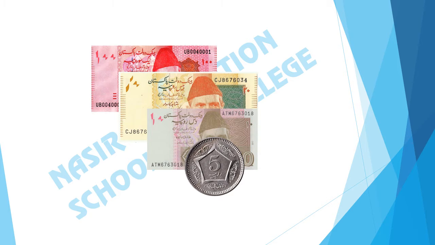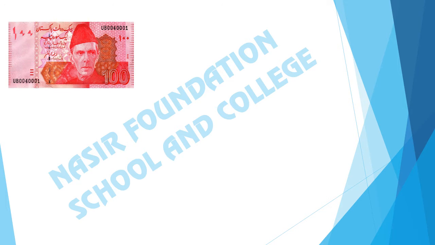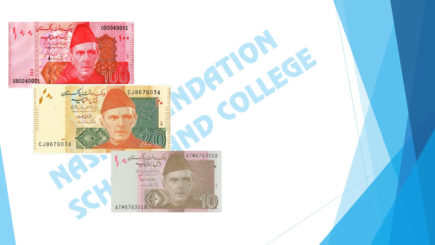There are different notes and coins shown. So what amount of money do they show? This is a 100 rupee note and this is a 20 rupee note. If we add 100 and 20, we get 120. There is another note and this shows 10 rupees.